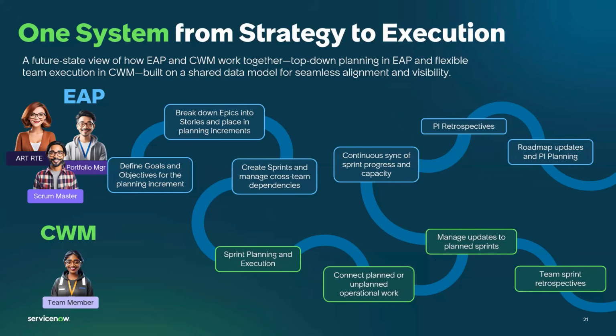Once that sprint is set, that will go down to CWM. And so in CWM, you'll be able to see that sprint and plan and execute it there, as well as pull in your planned or unplanned operational work that may impact your sprint. And then within CWM, you can fine tune the sprint. You can move things around. If you have to create additional stories or epics, you'll be able to do that there.